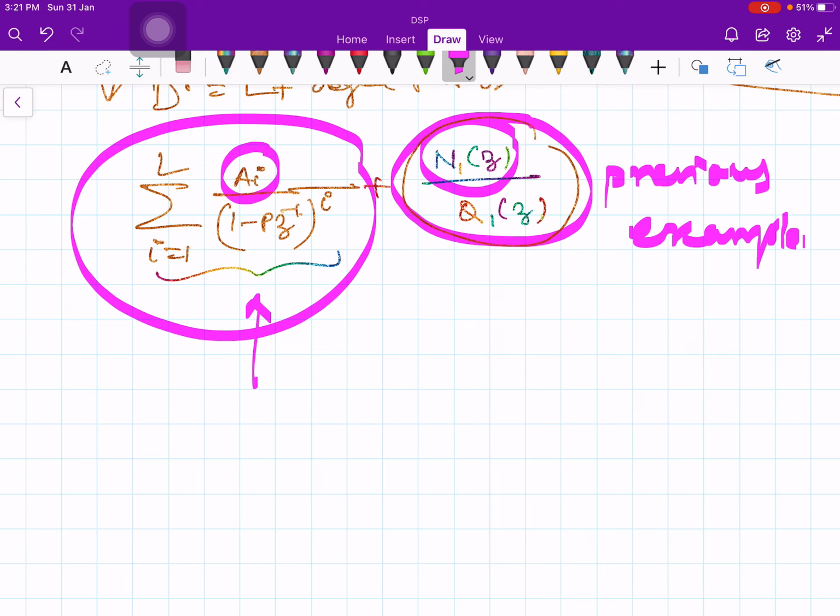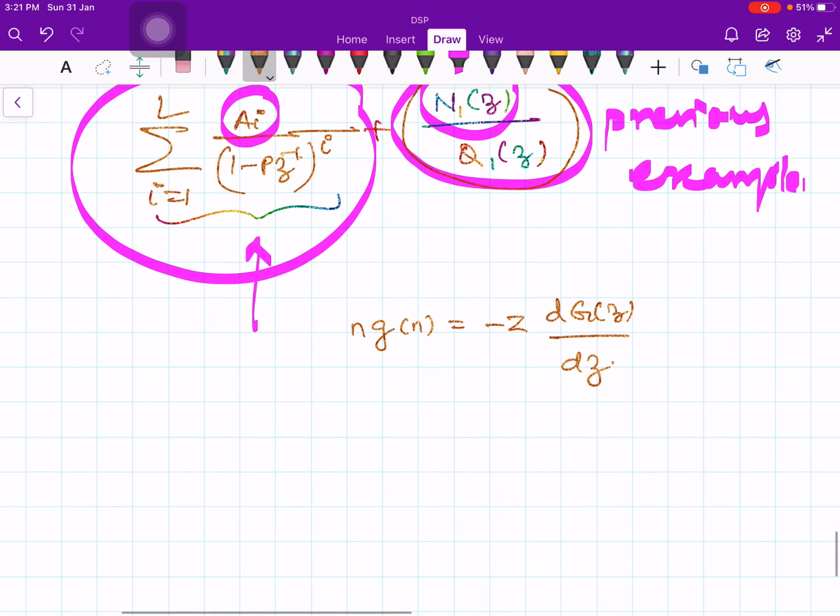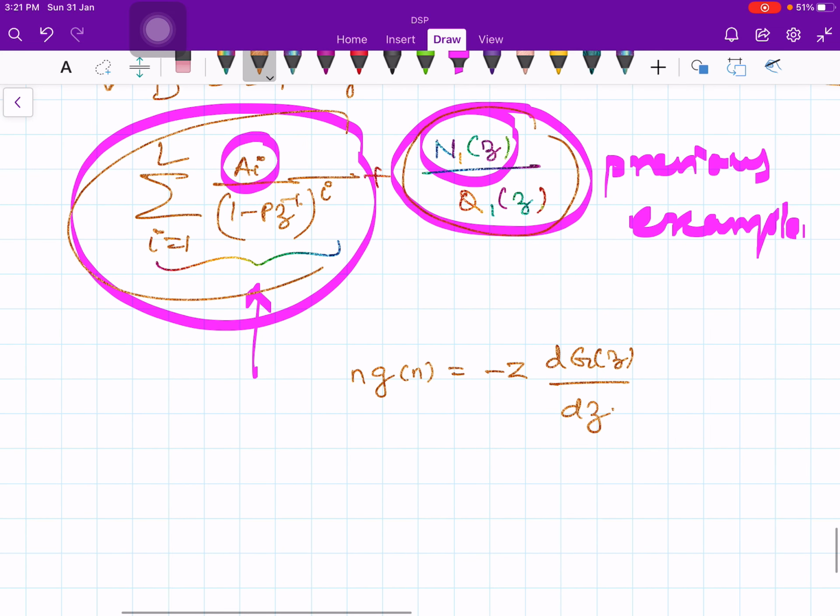You can do it by taking help of the fact that n times g of n is equal to minus z times d of g of z divided by dz. So if you take account of this, then you can find a general formula for inversion of this. We will come back to this a little later.